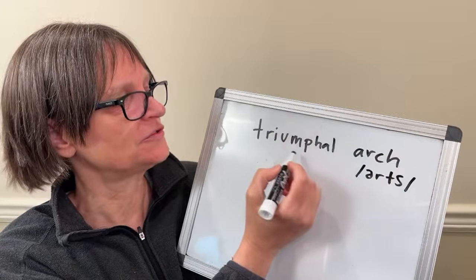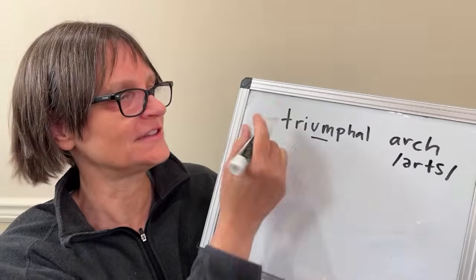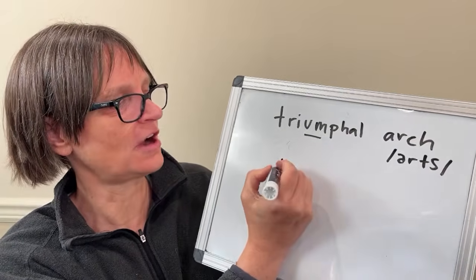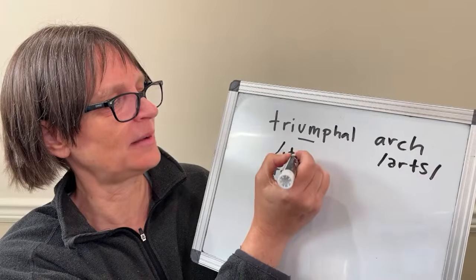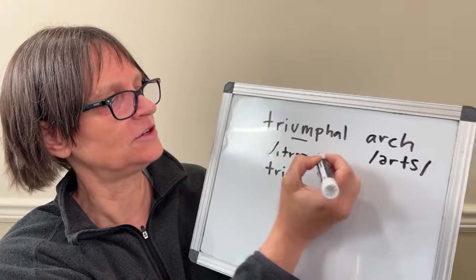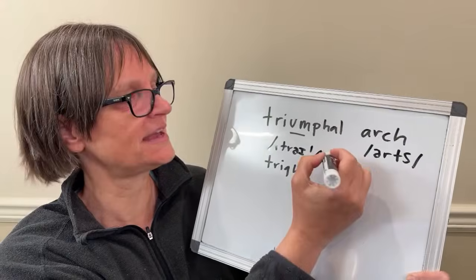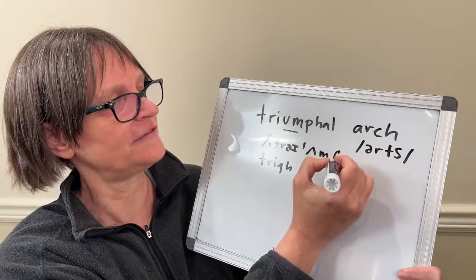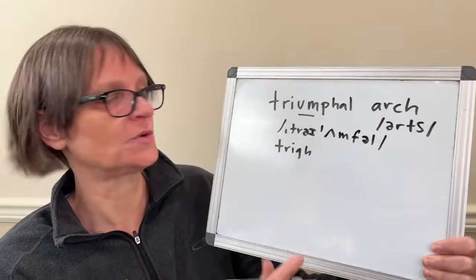Triumphal is going to be stressed on the I syllable. The letter I, it's like in triangle. It has the I diphthong. So secondary stress probably because it has that clear vowel. And then the schwa, the ph sound. PH is an F sound, triumphal, and then an unstressed schwa there.